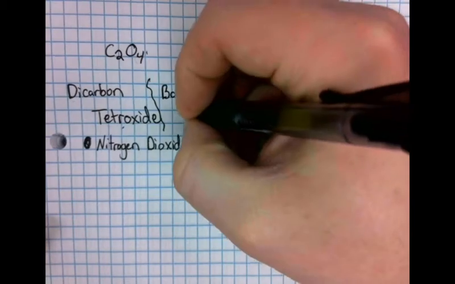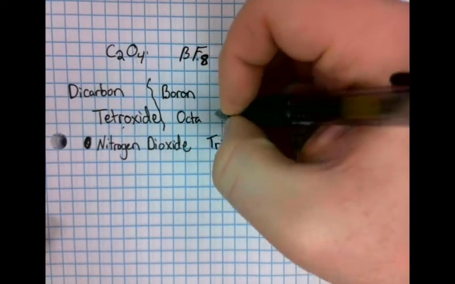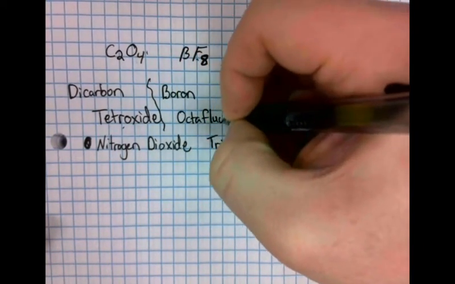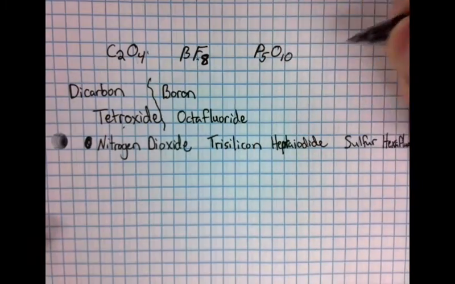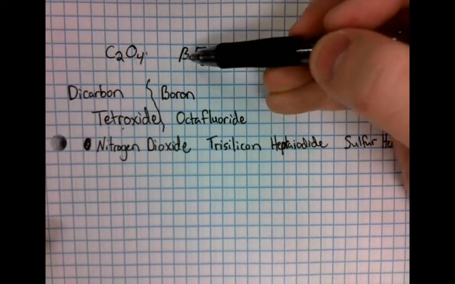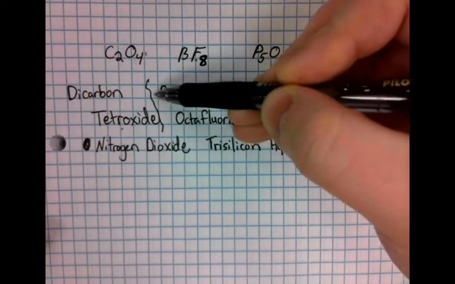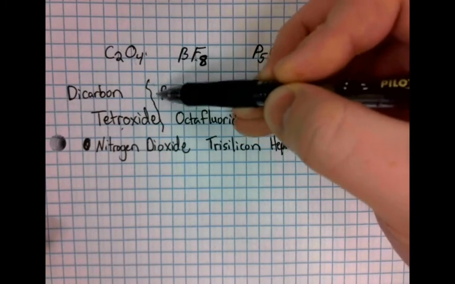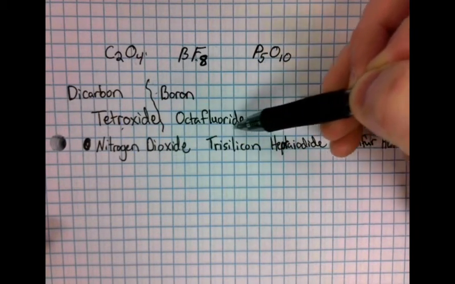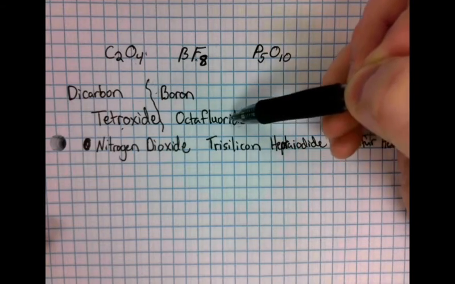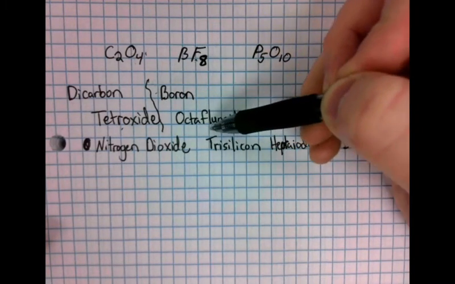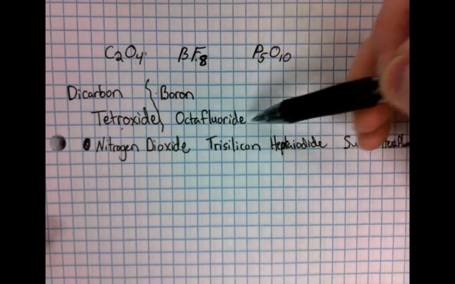So that would be octa, and then fluoride, because again, we changed the ending to IDE. So BF8. There's one boron because there's no number out front. It's attached to, which we know because of the IDE, a fluorine, and there are 8 of those. So it's octa. Boron, octa, fluoride.